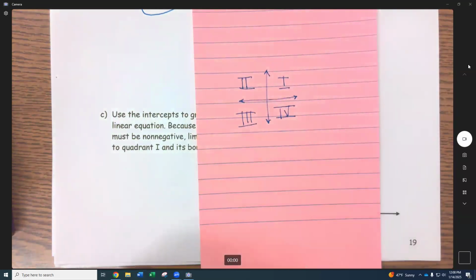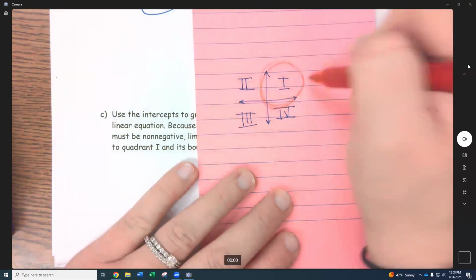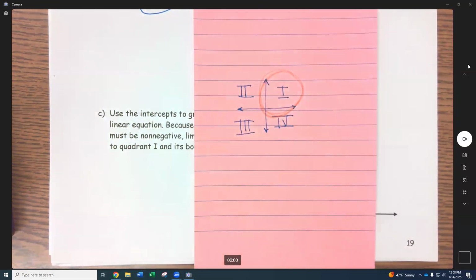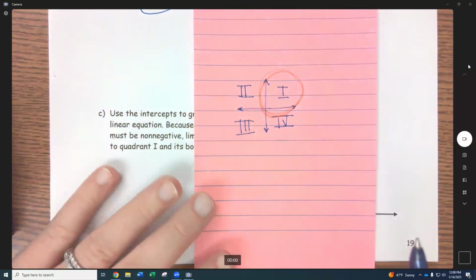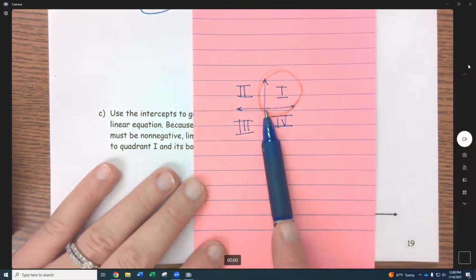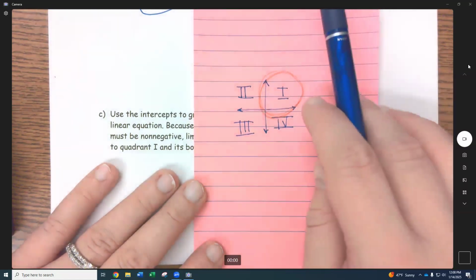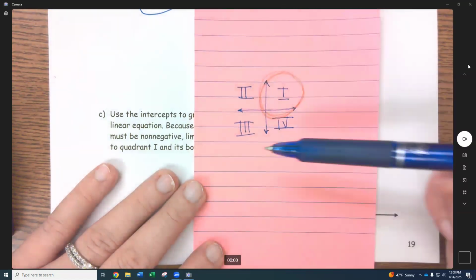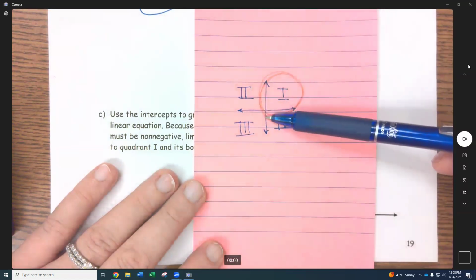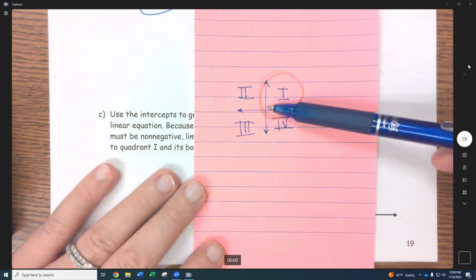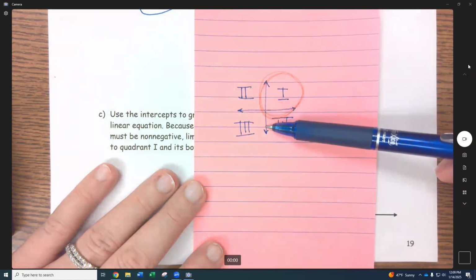It wants us to limit this to only quadrant 1. Well, why? If my x is representing years, I can't go before 0 years. If you go past today, we're talking about time travel here. If you know how to time travel, come talk to me. I also can't have y, which is my car's worth, be less than $0, right?